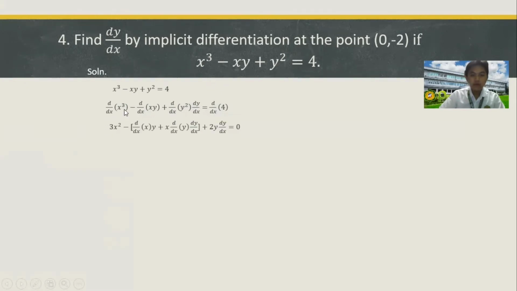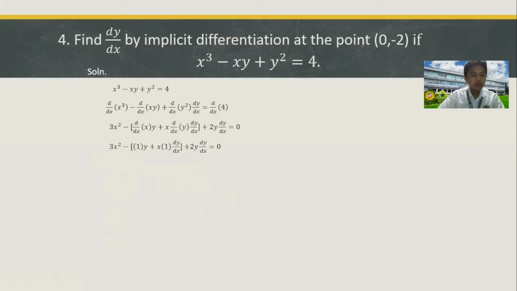The derivative of x cubed is 3x squared minus the derivative of xy, which is y plus x, then copy the dy over dx using the product rule. Then the derivative of y squared is 2y, then copy the dy over dx. And the derivative of 4 is 0 since it is constant.